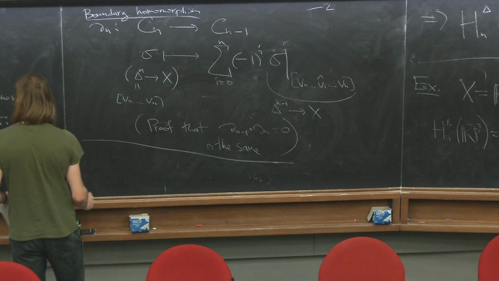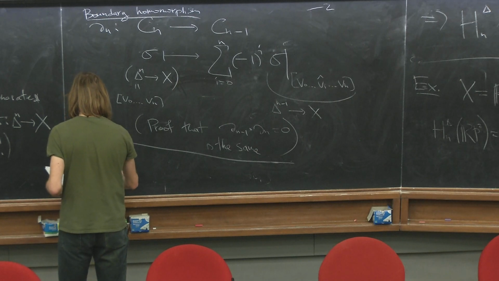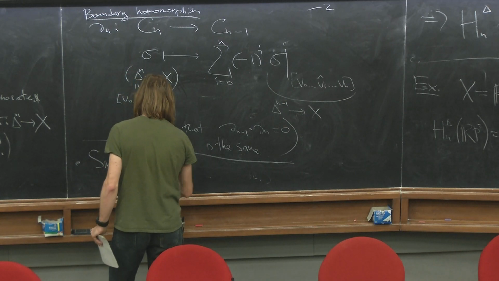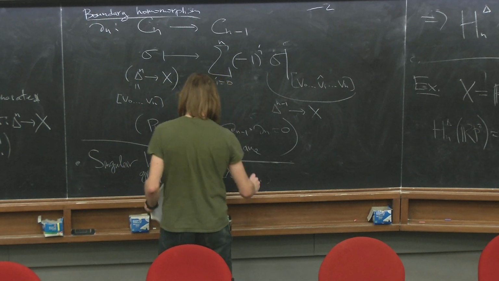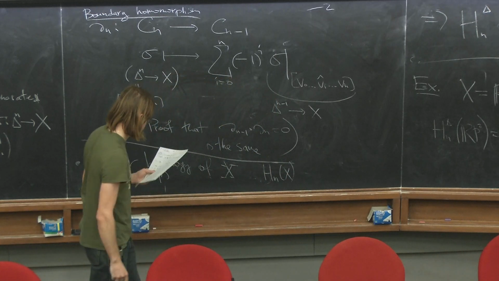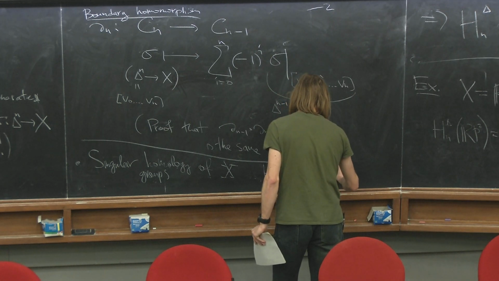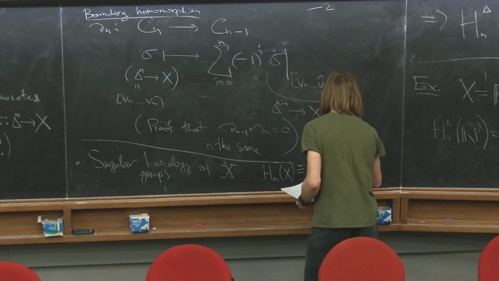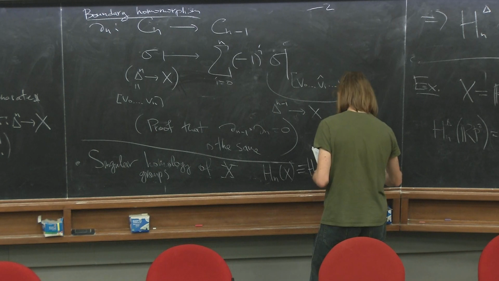And then, using this singular chain complex, we define what is called the singular homology groups of our topological space X, which will be denoted by Hn of X. By definition, this is just the homology of the chain complex which we just defined, the singular chain complex, which is a quotient of the kernel of dn by the image of dn+1.